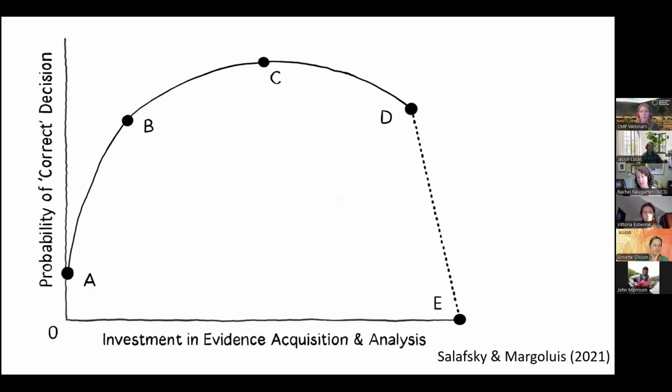So more investment is further to the right on the slide, and the probability of a correct decision on the y-axis, right? So the idea being that a greater investment in information will probably result in a correct decision, a more effective decision for management, up to a point, but beyond some point, you could invest a lot more resources and maybe not gain a ton more information.